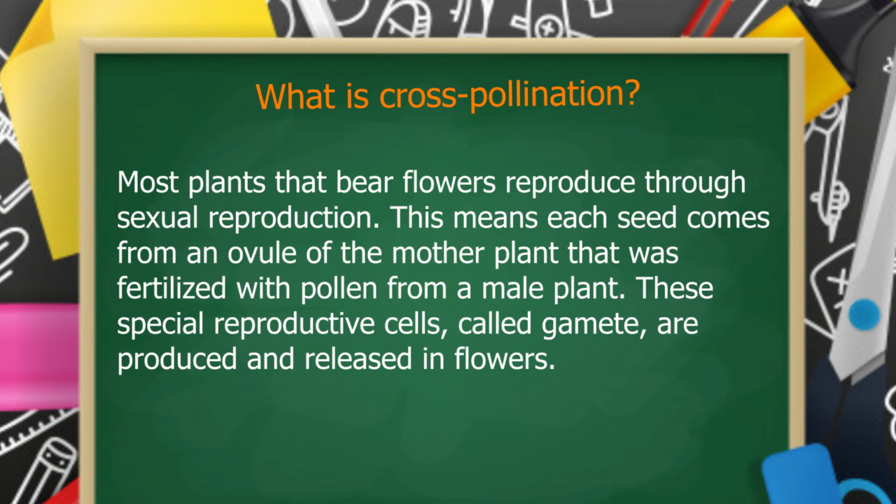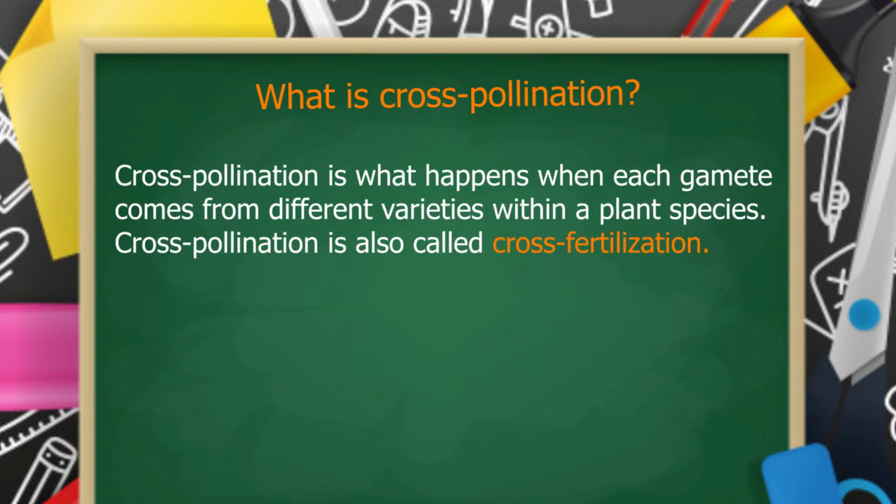These special reproductive cells, called gametes, are produced and released in flowers. Cross-pollination is what happens when each gamete comes from different varieties within a plant.